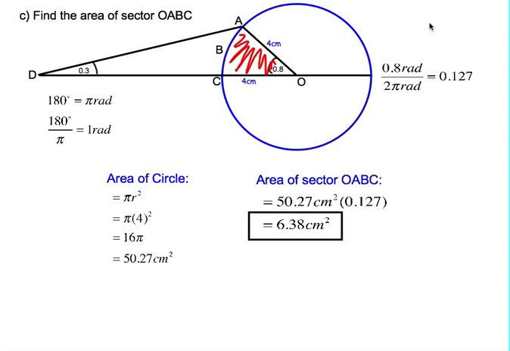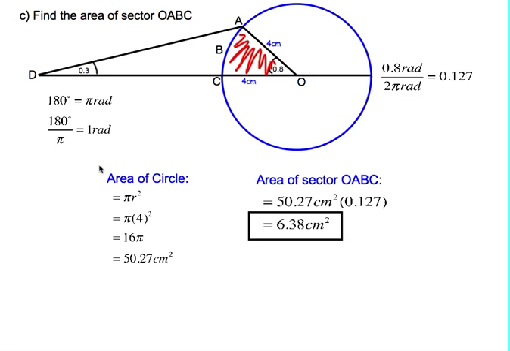Also what we need to know is that in radians, the entire circle is 2 pi. And since we're given that this angle right here is 0.8 radians, to find the fraction of this angle compared to the entire circle, we just need to do 0.8 radians divided by 2 pi radians, which gives us 0.127.